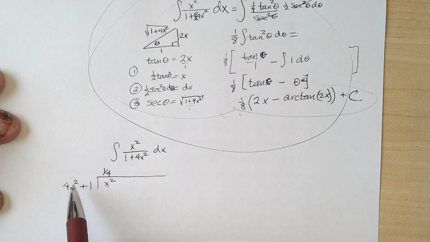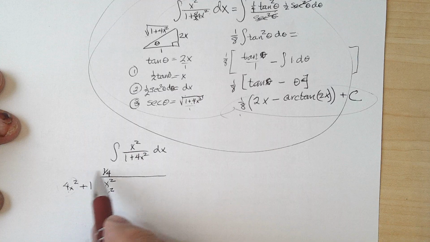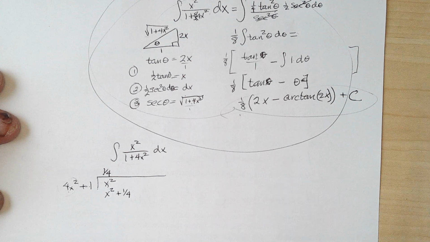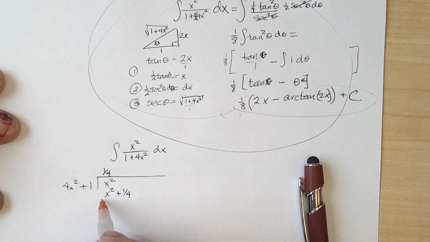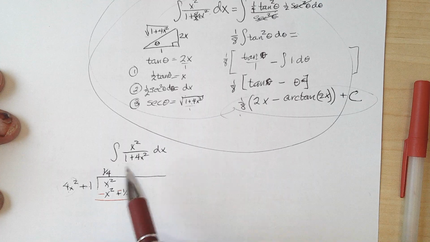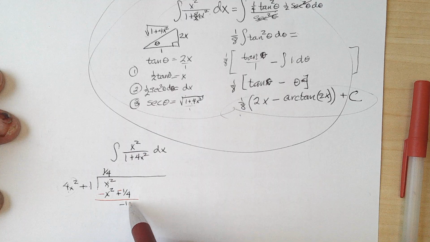1/4 times 4x squared would be just x squared. But I have to take it times both pieces, so I'd have plus 1/4. And then when you're doing long division, you're supposed to subtract now. I like to draw the line and change the sign, so now I just add up like terms. These are like terms, they come out to be 0, and I'm left with negative 1/4.